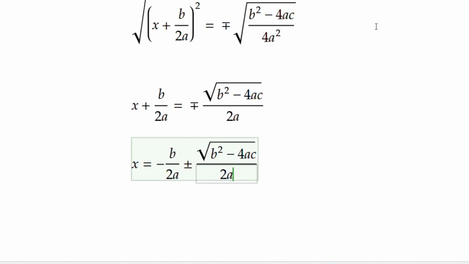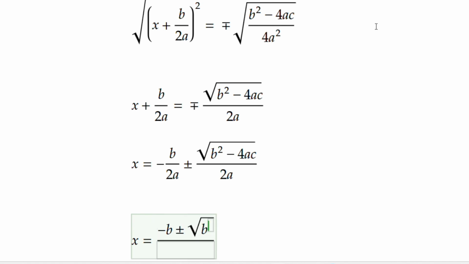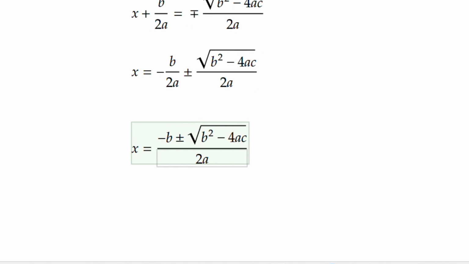Since the denominator is the same, we can combine it, and our final answer is going to be negative b plus or minus the square root of b squared minus 4ac, over 2a. So this is the quadratic formula.